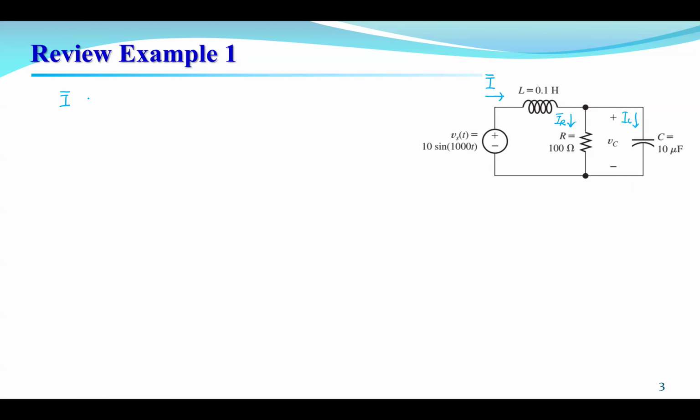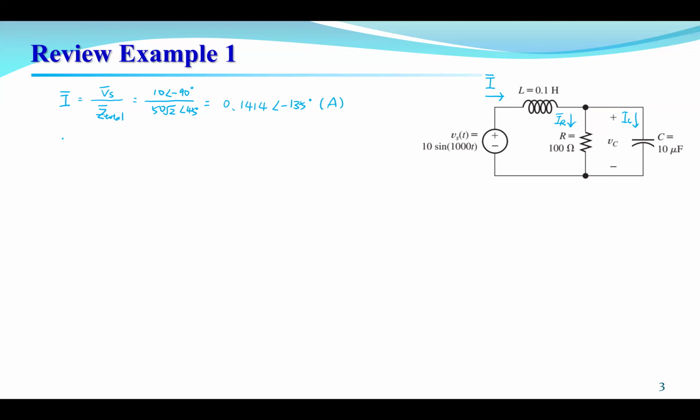So I equals Vs divided by the total impedance, which is 10 angle minus 90 divided by 50 times square root of 2, angle 45 degrees, and its value is 0.1414, angle minus 135 degrees, and the unit is amp.